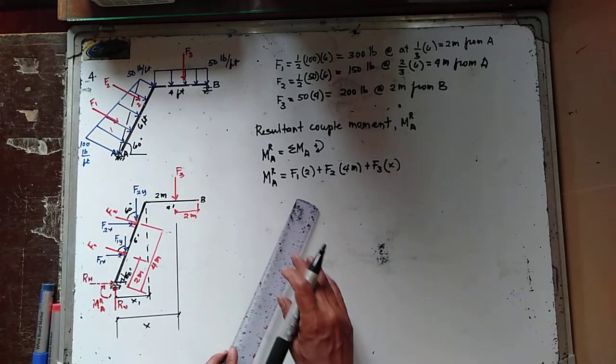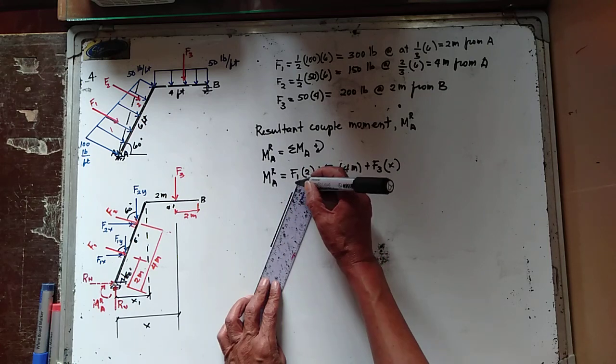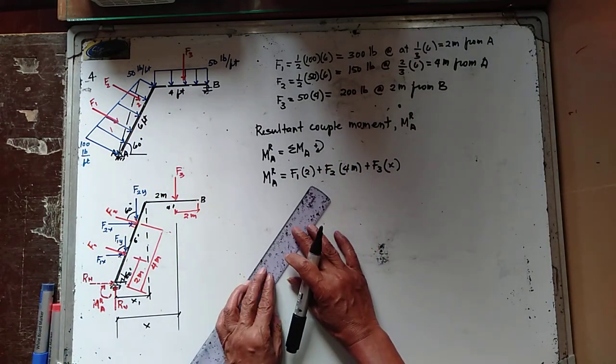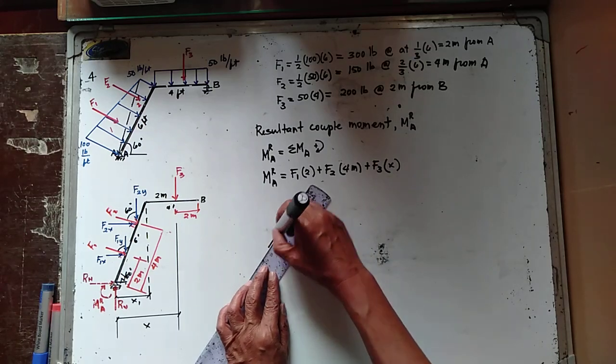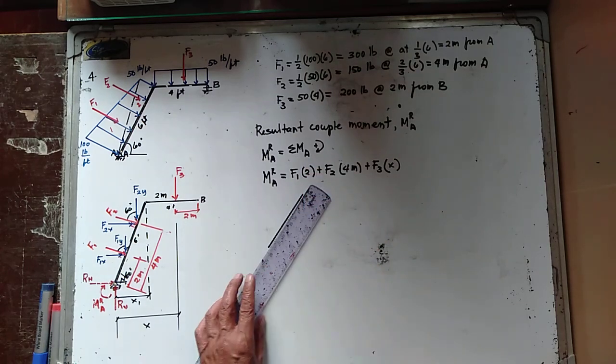If I isolate the triangle in here, this is the member, and that member is 6 feet in length.